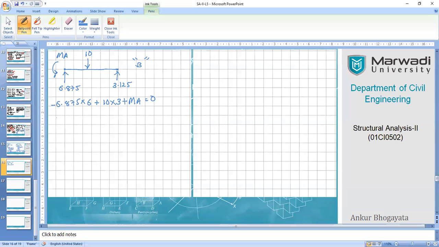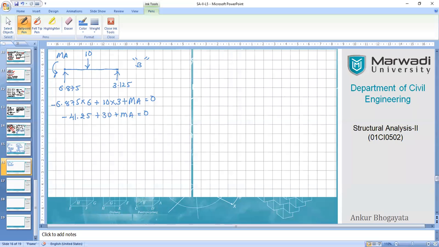So if I use this now for the calculations, 6.875 into 6 gives me 41.25. Today I have gone a little slow, so that I wanted you to understand properly how this works, consistent deformation method, and later on we can go a little fast, right? So plus MA equals to 0.